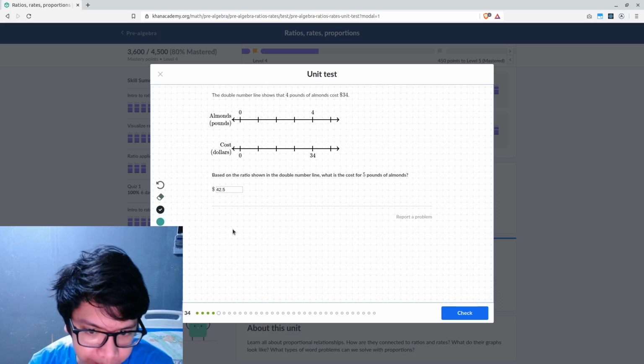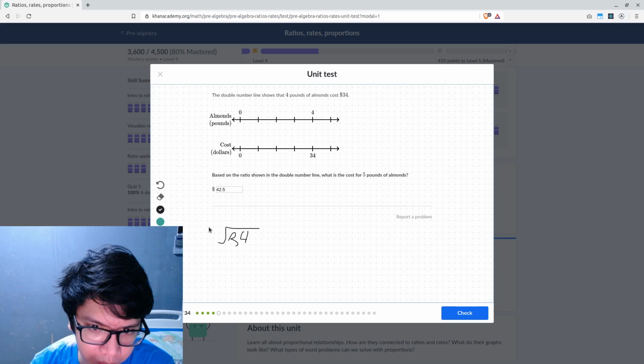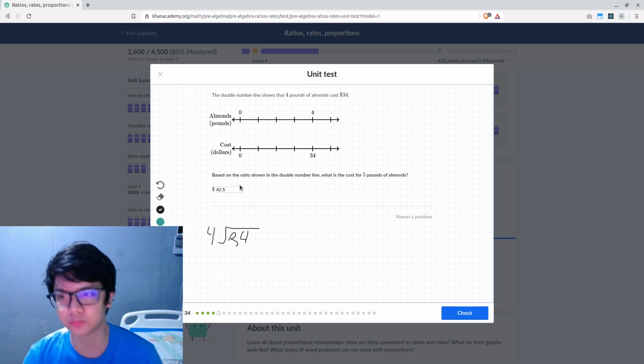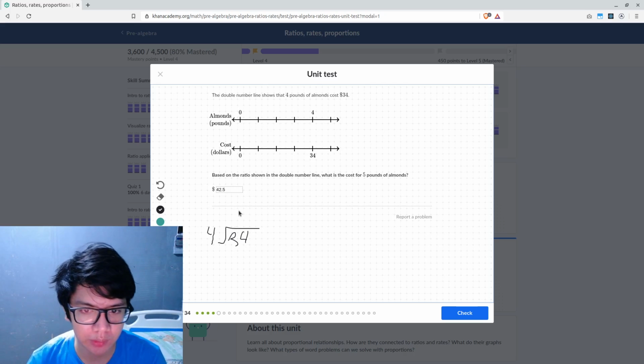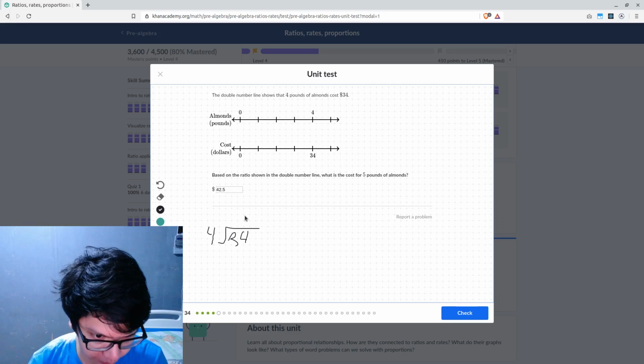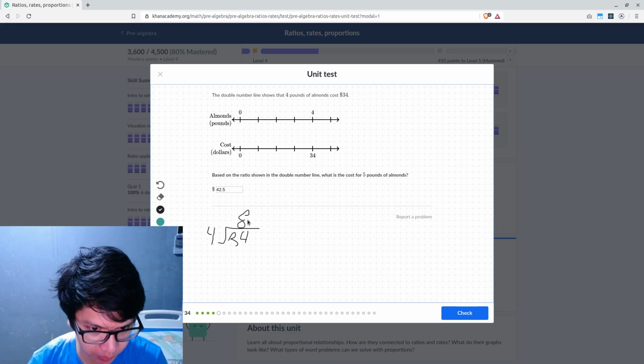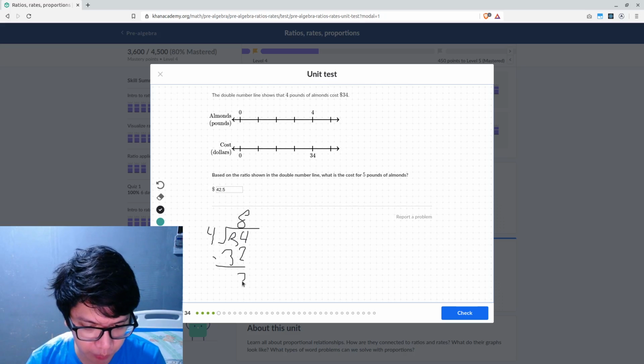Okay, let's try again. 34 divided by 4. We're gonna have 8, and it's gonna be 32. We have 20. Bring down 0. We have 20. 8.5.